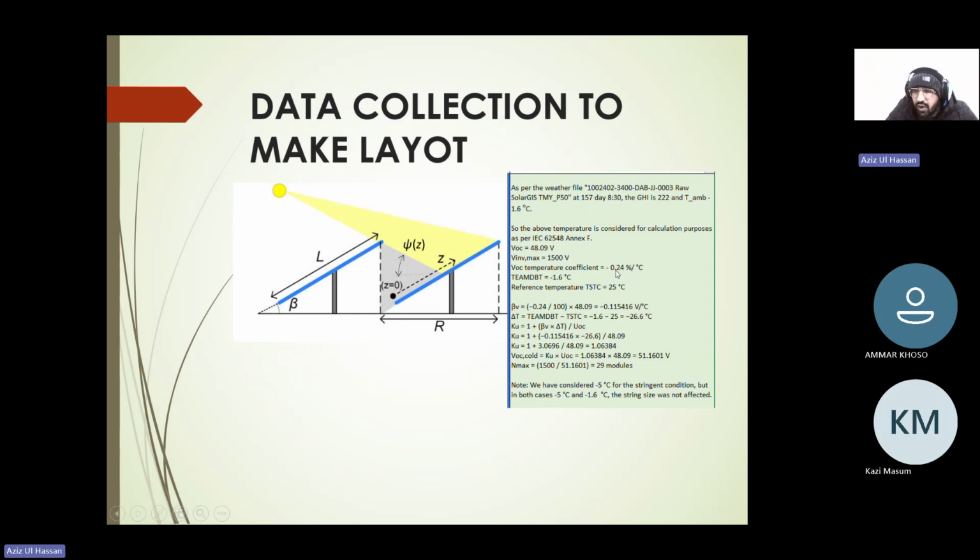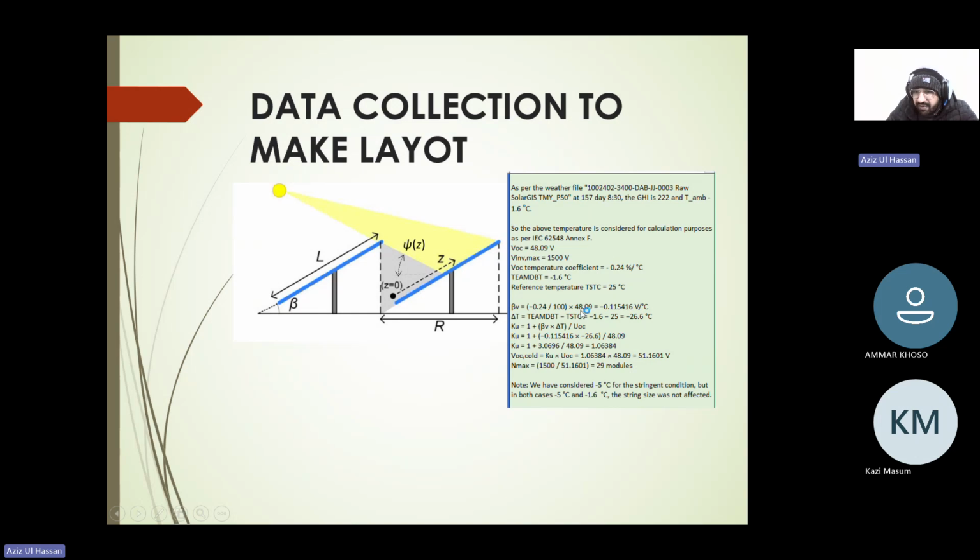It means that when your temperature goes down, the change in the open circuit voltage VOC follows this rate: for each 1 degree centigrade decrease, it changes by 0.24%. T min, the lowest temperature, is minus 1.6 degrees centigrade, and the reference temperature is the standard condition, 25 degrees centigrade.